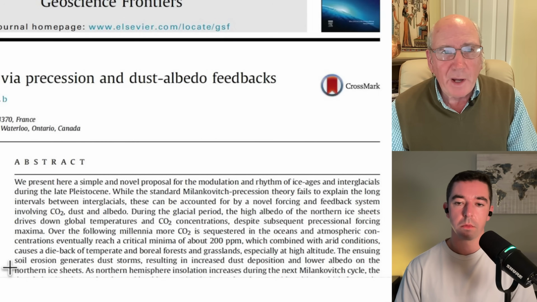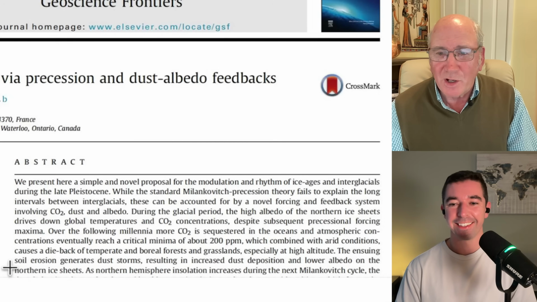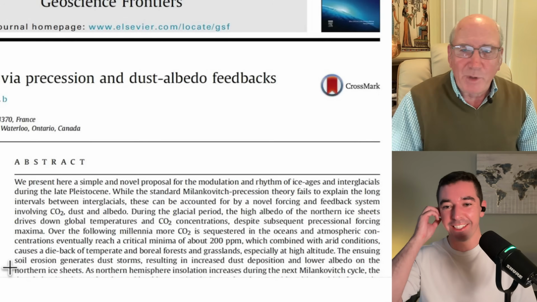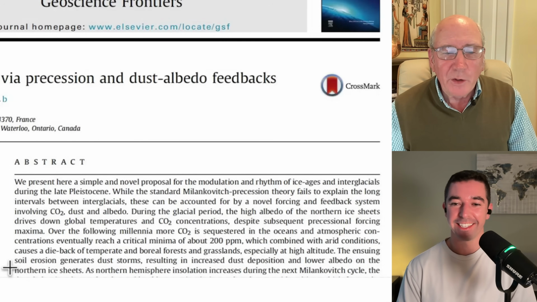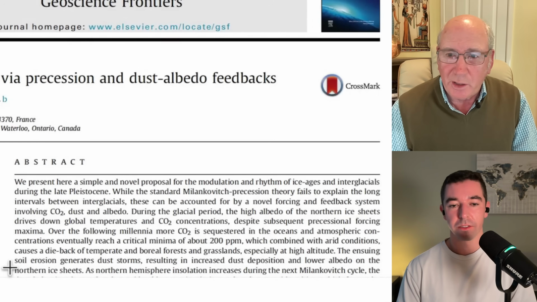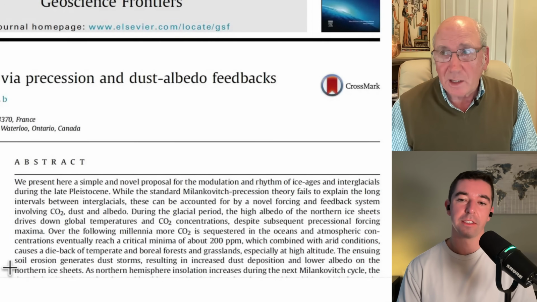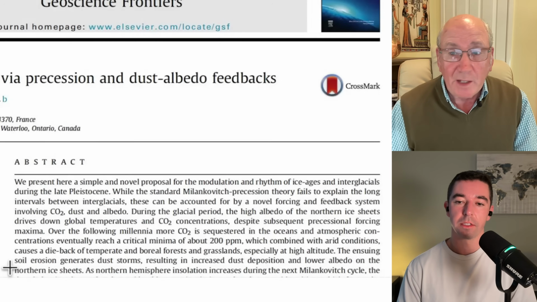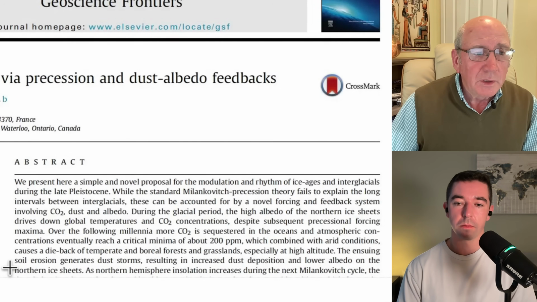I think he was thinking about the Disney Ice Age scenario, with those cartoon characters and a big wall of ice going across the land. That's not how ice sheets work. And the dust is not glaciogenic because the dust comes from China. It's Chinese dust, from the Taklamakan desert, and the Gobi is where the dust comes from.